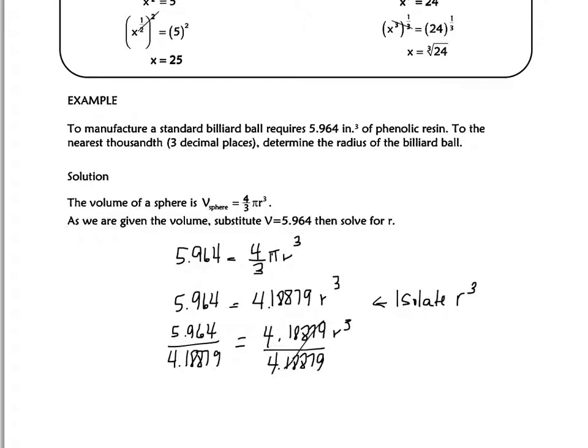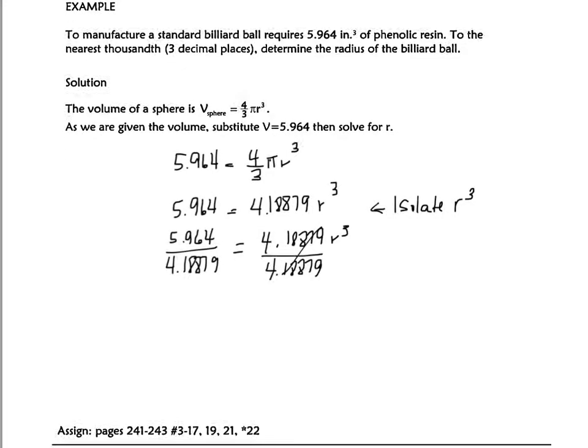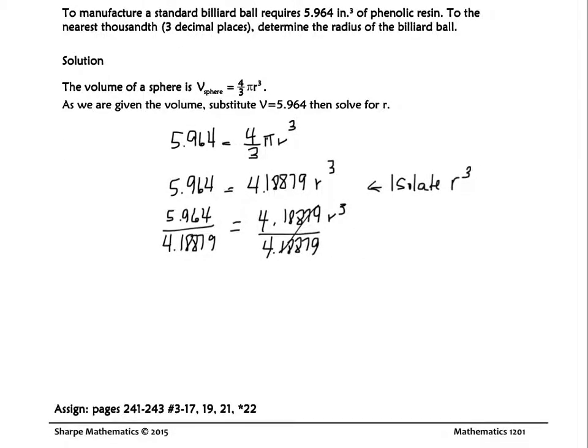Because that would cancel on this side, I would be left with r cubed, and on this side, I would have 5.964 divided by 4.18879, and that would give me 1.4238. So if I wanted to find r, I could raise both sides to the power of a third.